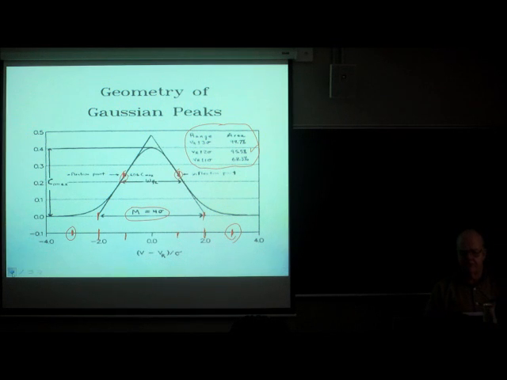Let's go back to the Gaussian peak. There's another quantity that we often use to measure the peak width, and that's the peak width at 1/2 the maximum peak height. So that's obtained by going exactly up to the 1/2 point on the left, 1/2 point on the right, and measuring the distance between those.